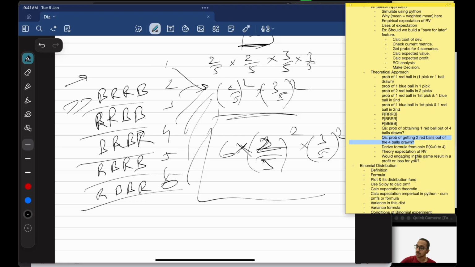So this is the probability for this question: what is the probability of getting 2 red balls out of the 4 balls drawn?